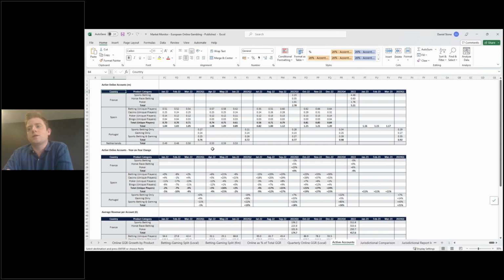But certainly at jurisdictional level, it's something that is difficult to track and aggregate, and generally goes unreported at the present moment.